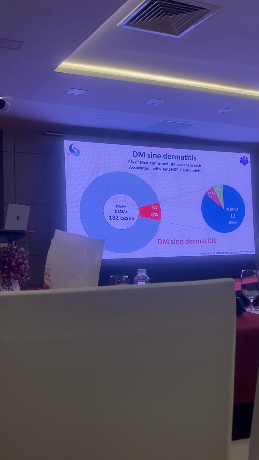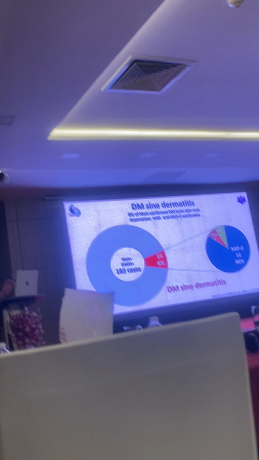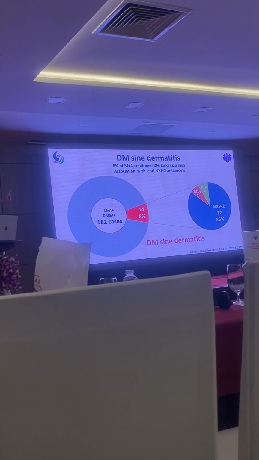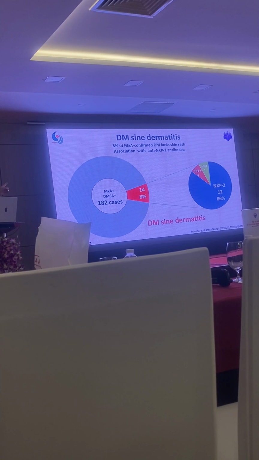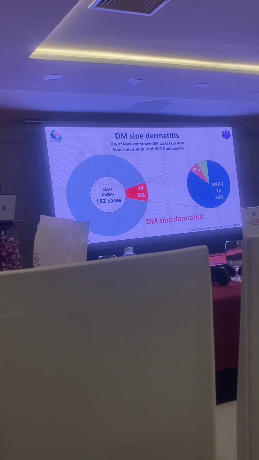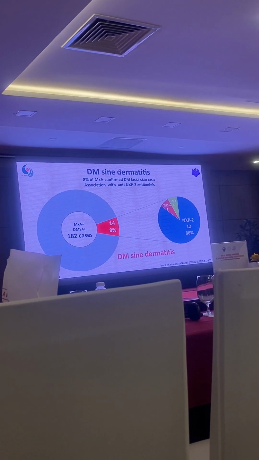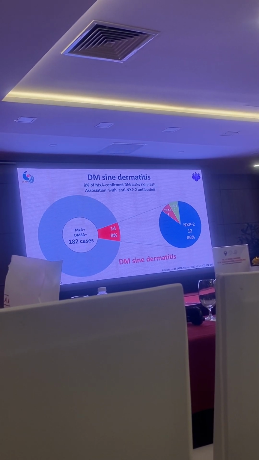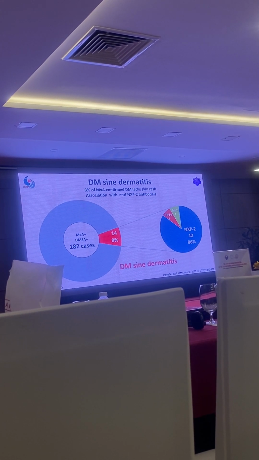But because now we can make a definitive diagnosis by immunohistochemistry, by MXA expression, at one moment we had 122 cases. Interestingly, 14 of them, 8%, didn't have any skin rash. We sent a questionnaire to the physicians and asked them to follow up for more months, but there was no skin rash at all.